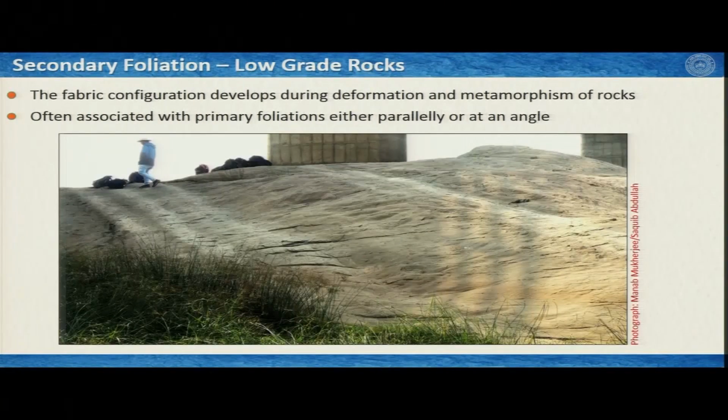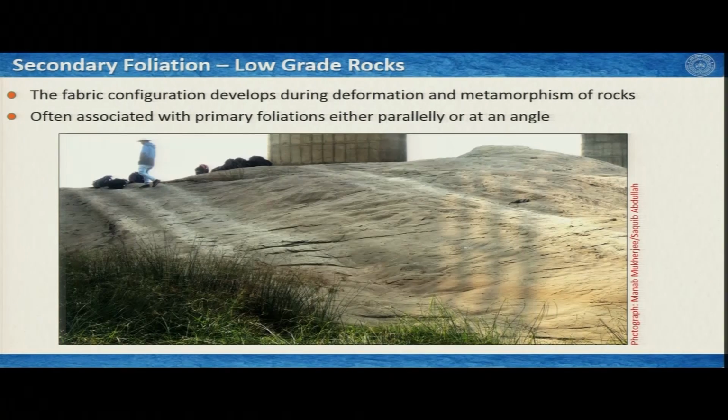So, what we see here in this image is from the Chaibasa formation in India. First of all, as we have understood how to identify the bedding planes or primary foliations, and as I said, compositional layering or color banding is very important, particularly if you are dealing with a low grade rock, and in this case this Chaibasa formation is, because this is deformed under green schist facies, metamorphosed under green schist facies.